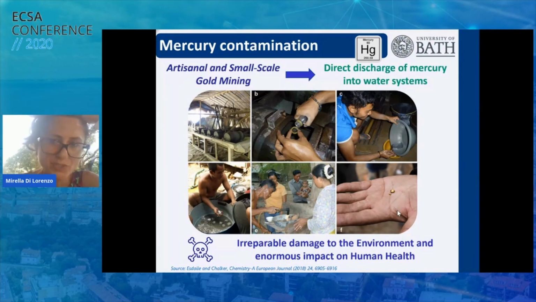So it exposes the miner to a lot of health risks. But of course, it also causes environmental risks because of illegal discharges into the environment of the mercury that is used for the extraction of gold, in particular into water systems. And of course, this is a problem especially in remote areas and in poor areas.